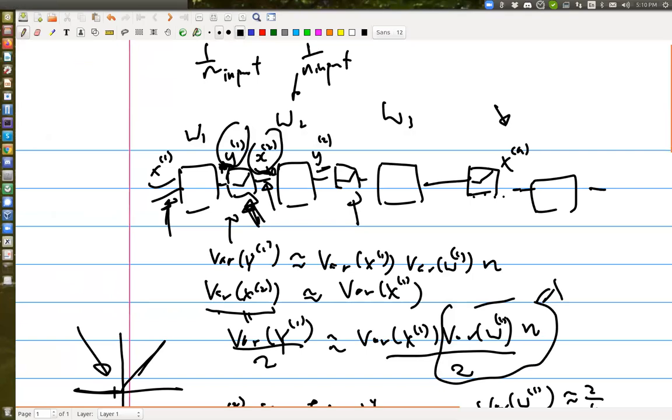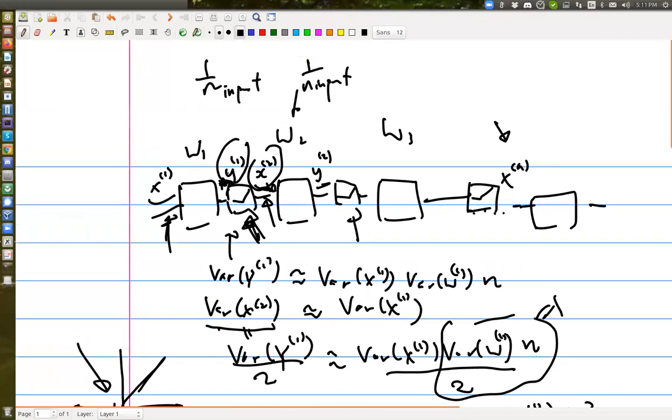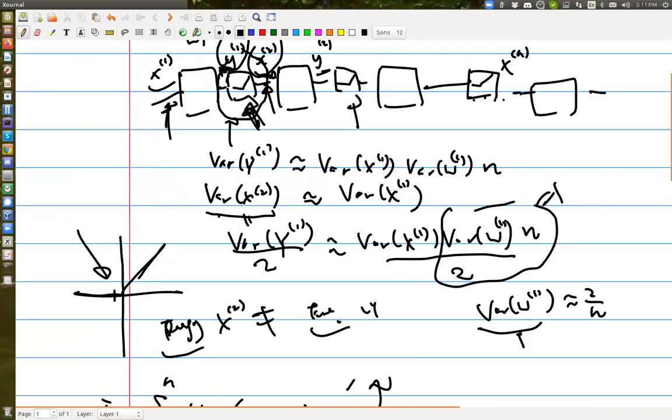In terms of frameworks, I'm not familiar with Keras and TensorFlow, but in PyTorch, if you use a different activation function, you can have a different adjustment of this so-called gain here.